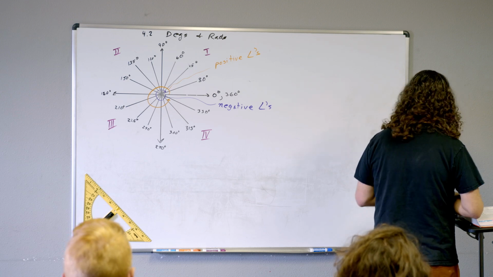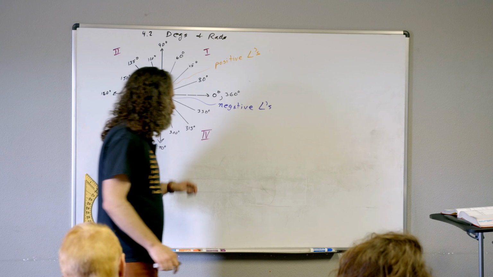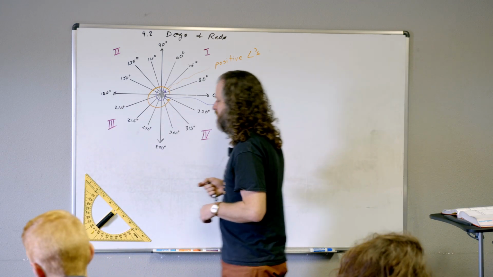A radian is based on the circumference of a circle. Draw a circle.